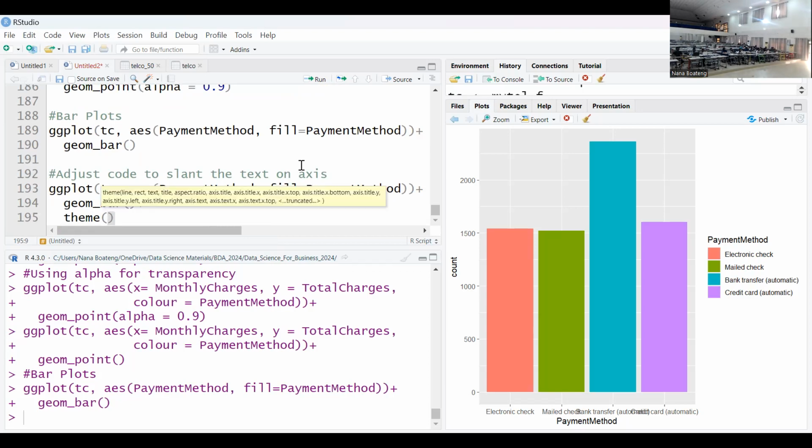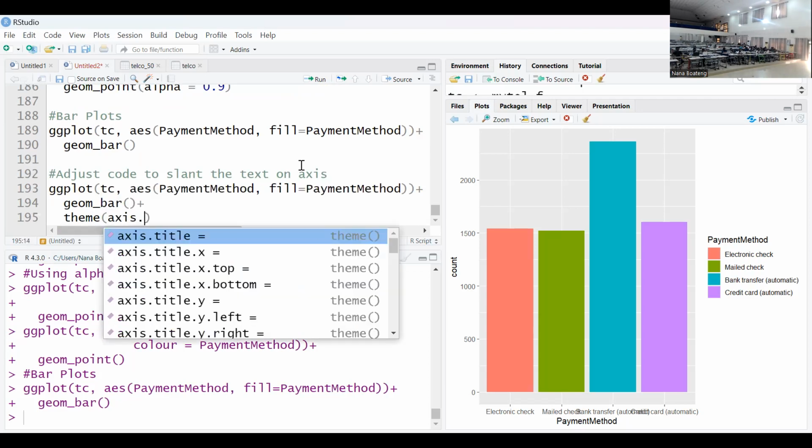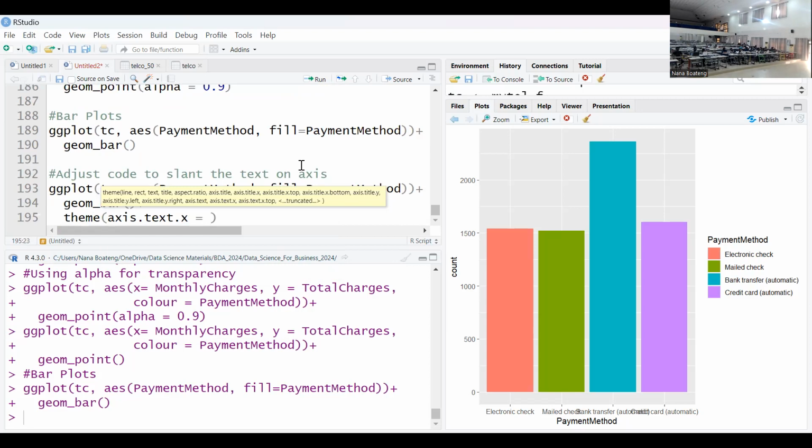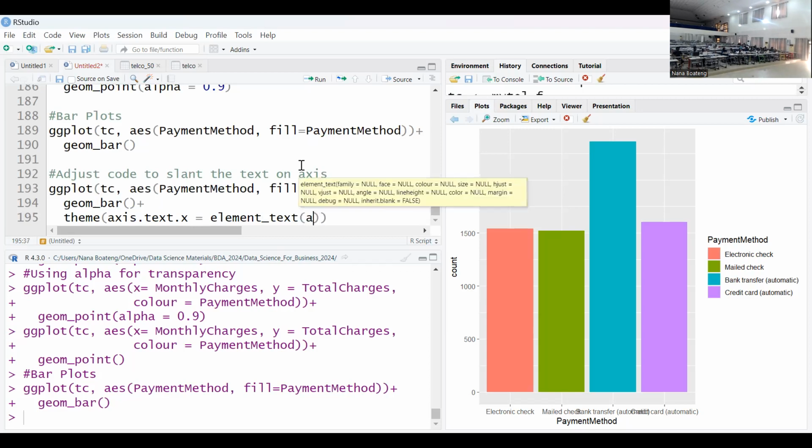So axis.text.x, because sometimes it could be y, but here we are interested in the x, okay. So we want to adjust the element text, okay. So element text. Okay, then let's specify the angle.